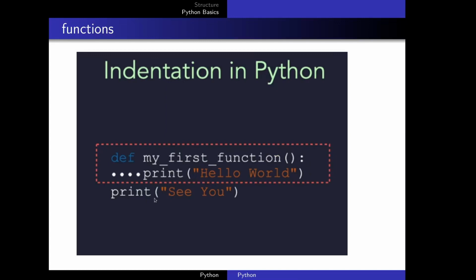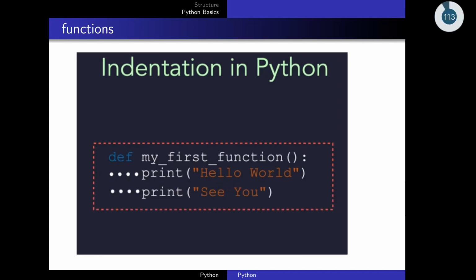This second one does not belong to the function. We call this a code block. If we indent this one also 4 spaces, then the code block is this thing and this is the function. Both statements are now inside the function. So these indentations define different code blocks.